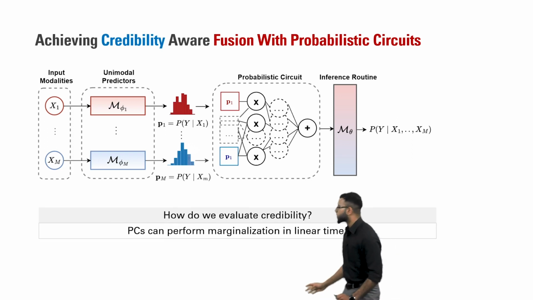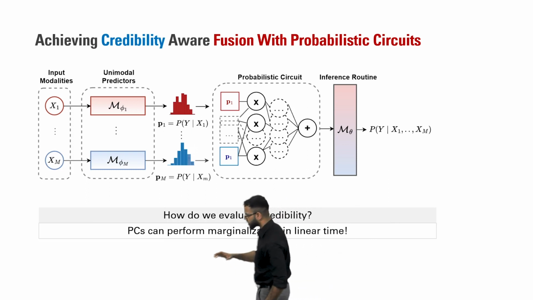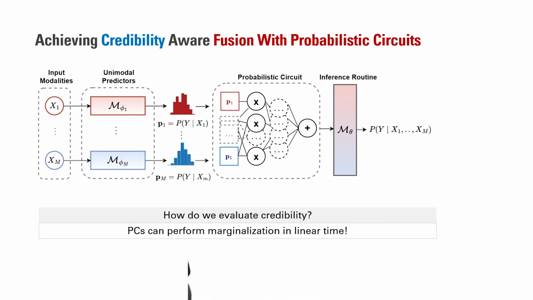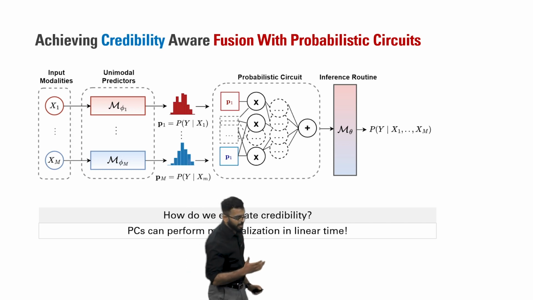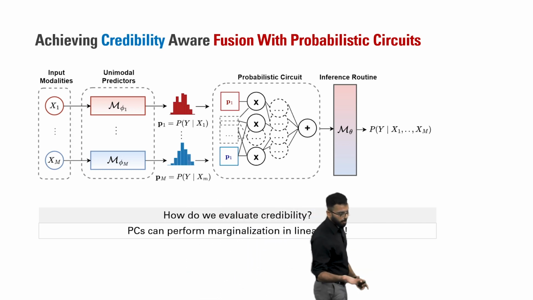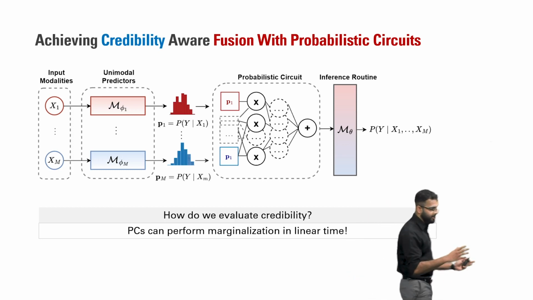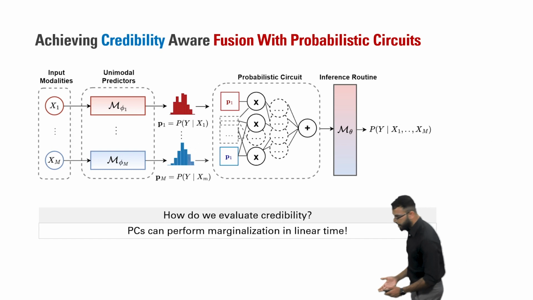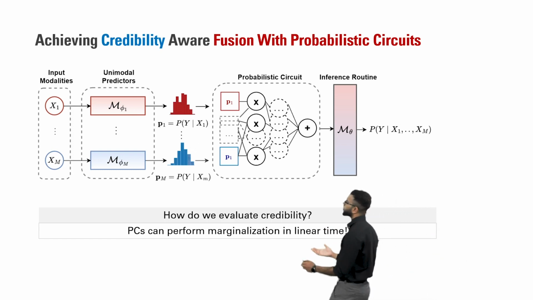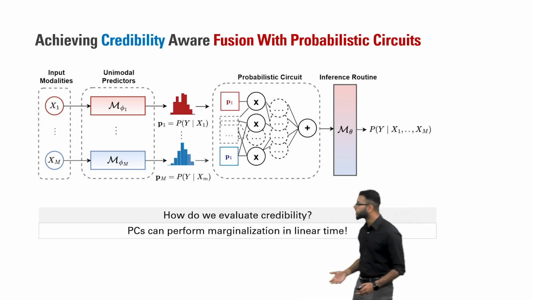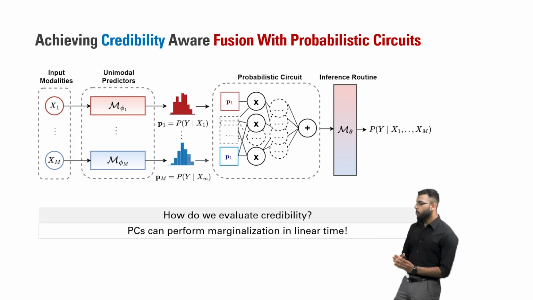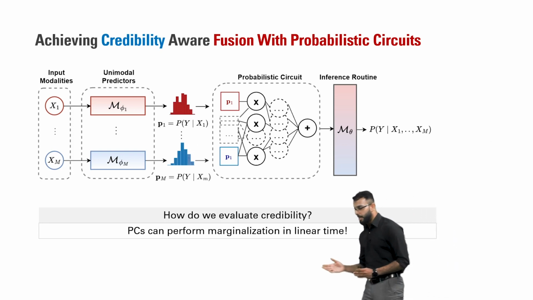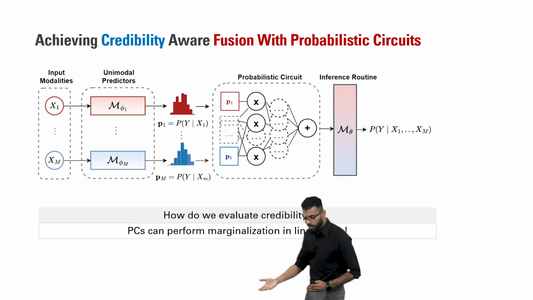So when you're defining such notions of credibility from a probabilistic standpoint, tractable probabilistic queries like conditioning and marginal inference become important. They can be useful in defining such things, and having a tractable model that can perform marginalization and conditionals can help in such applications. So the key is identifying which tasks you have at hand that require tractable inference.